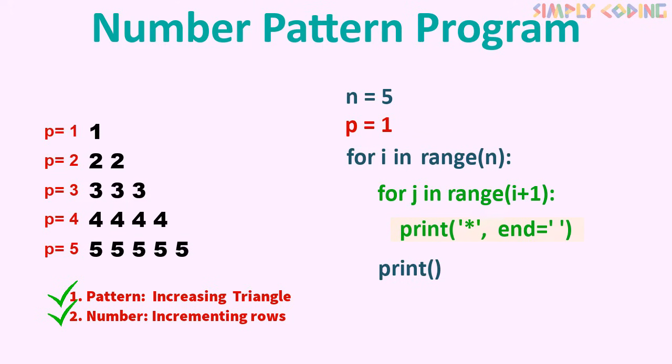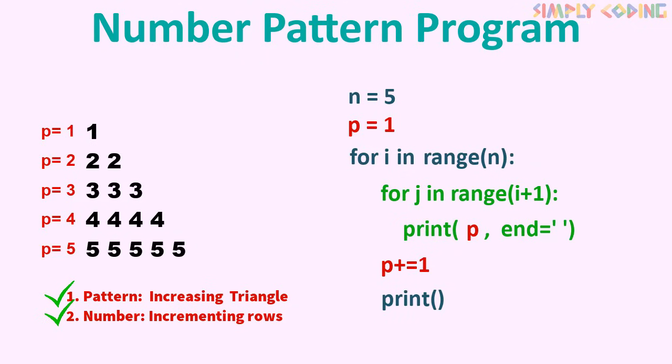Inside the inner loop, we will print this variable p now. Now we know the last statement of empty print takes us to the next row. So here what we do is increment our p by 1 to get it ready for the next row. Now when you run it, it will give you the output as shown.